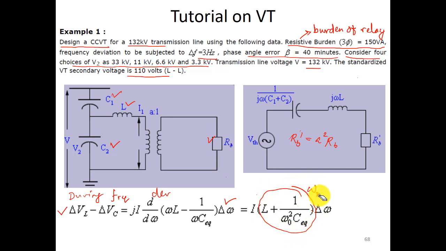So by substituting omega 0, we'll get the term L plus 1 by omega 0 square C equivalent into delta omega. Okay, now this is your expression, evaluated at omega naught.